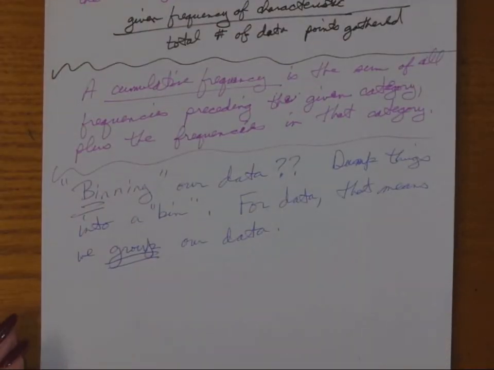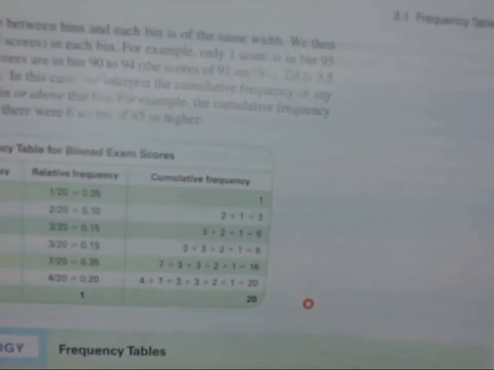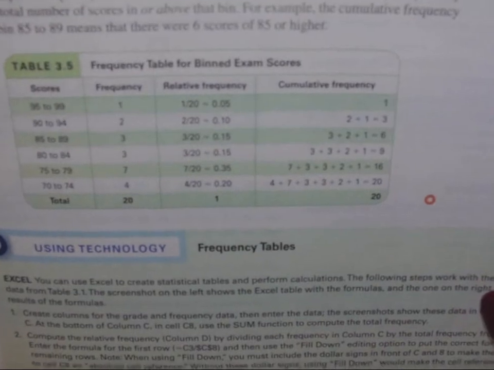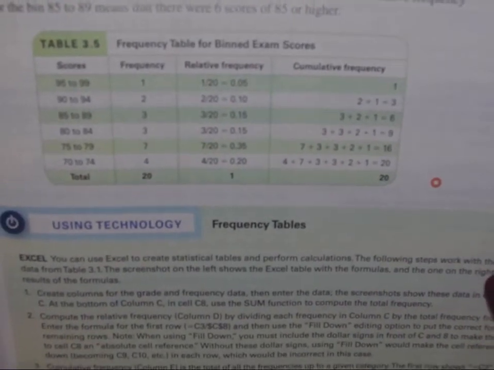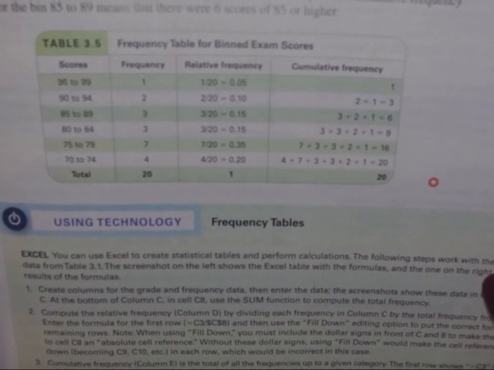It doesn't really make sense there, but sometimes where it makes sense is whenever you're talking about test scores or something like that. So here's a nice example that I'm going to hold up to show you. If you read this, it's a frequency table for binned exam grades, and the top line says 95 to 99.